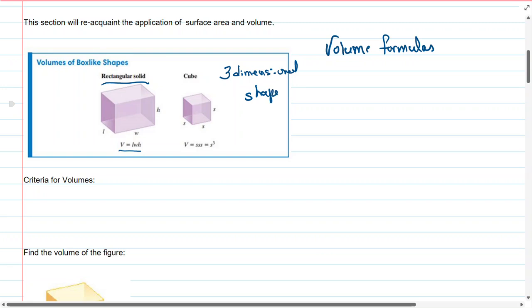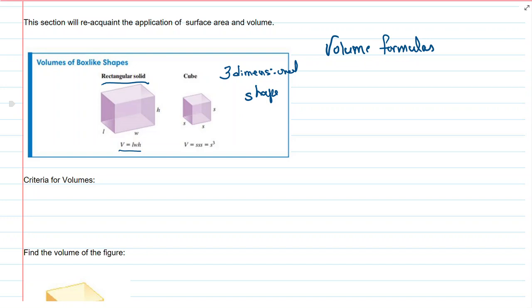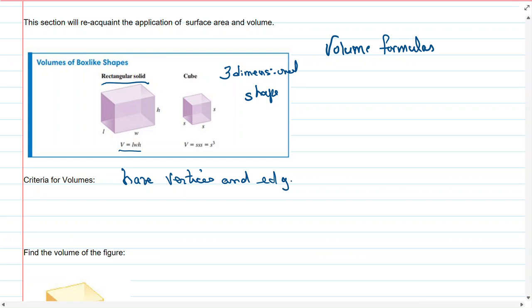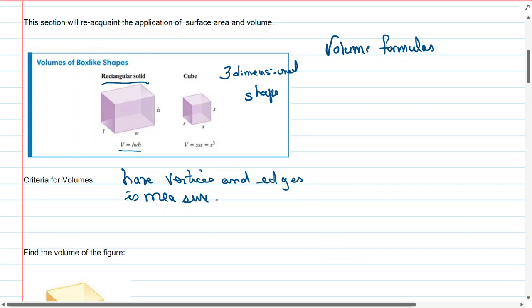So what are the criteria for volumes? Have vertices and sides or edges. Is measurable in the same unit of measurement.